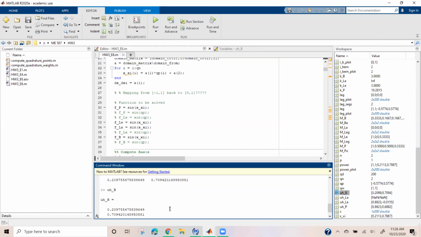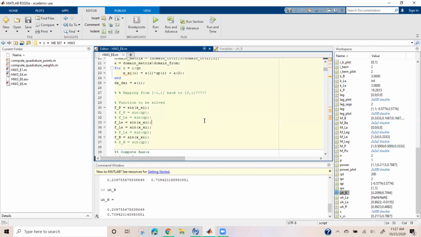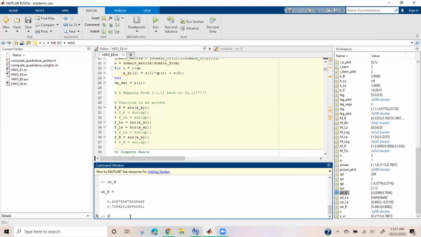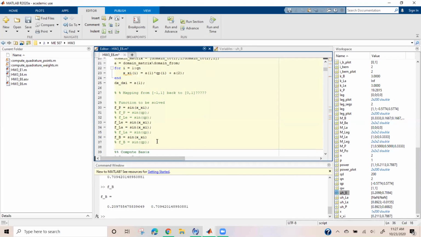So that means you're overriding FB somewhere and setting it equal to UHB. Can you print out FB right after you set it to sine? Go down, FB, three lines down. Take the semicolon off on line 36 so that you can print that, and then we can see if you've overwritten it somewhere.